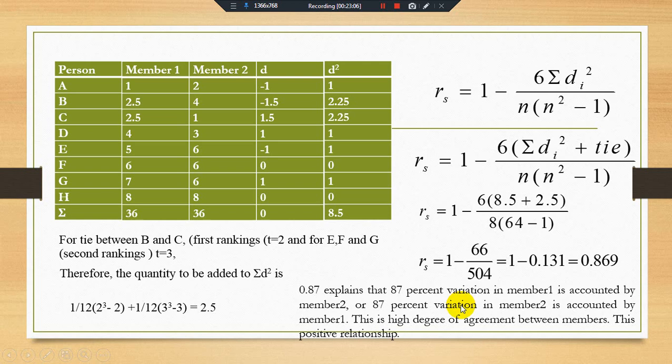Because we have no concept of independent and dependent variable, we give the interpretation first for member 1, and the second time we use member 2 first. This is a high degree of agreement between member 1 and member 2. Moreover, there is a positive correlation between member 1 and member 2.